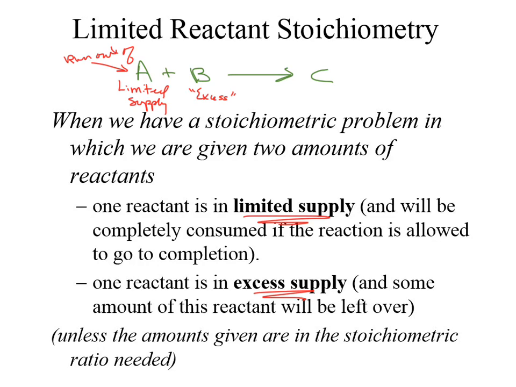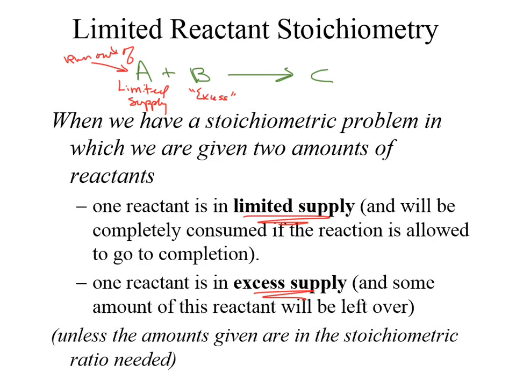Nothing left over, okay? That's definitely a possibility. But usually one's in excess, like your HCl and your sodium bicarbonate was in excess, and one's limited supply. So all the limited supply stoichiometric calculation is to identify which one is in limited supply. That's all I need to talk about right now.